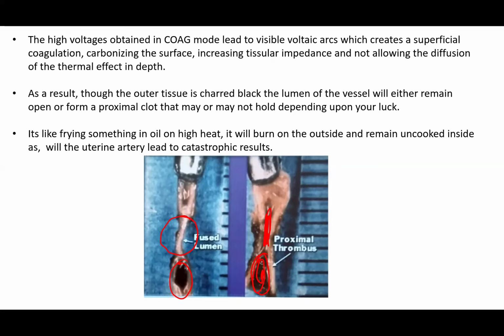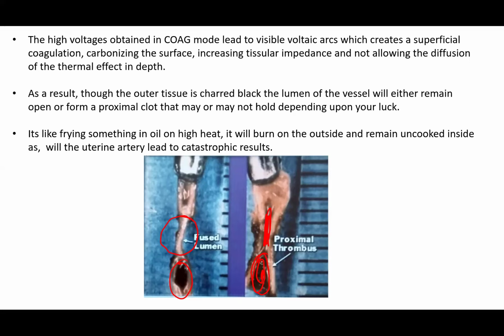The higher voltage obtained in coagulation mode leads to a visible voltaic arc, which creates a superficial coagulation, carbonizing the surface, increasing the tissue impedance, and not allowing the diffusion of the thermal effect in depth. Let me give you an example.